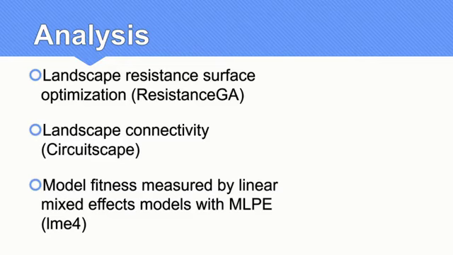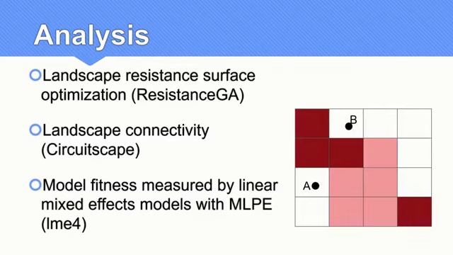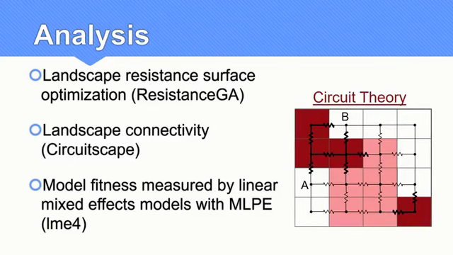Next, landscape connectivity is measured using Circuitscape. Circuitscape relies on circuit theory, where a landscape is represented as a grid of regularly spaced nodes connected by resistors. Resistance surfaces determine the level of resistance between adjacent nodes. So if we take a look at my example here, a white cell would indicate no resistance.